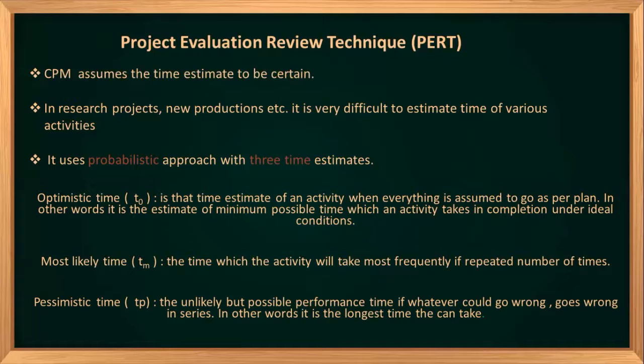There is no traffic on the road. I go to the railway station, not the railway station, the airport. At the airport everything is happening on time. I am able to check in on time, and my flight is not delayed, it is on schedule. Then I will reach Delhi on time.